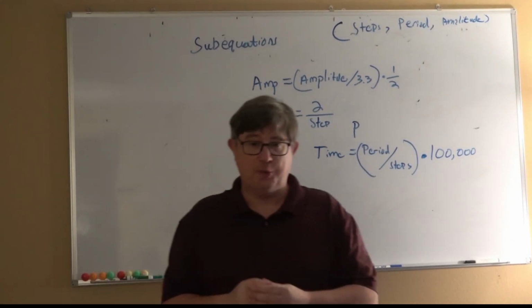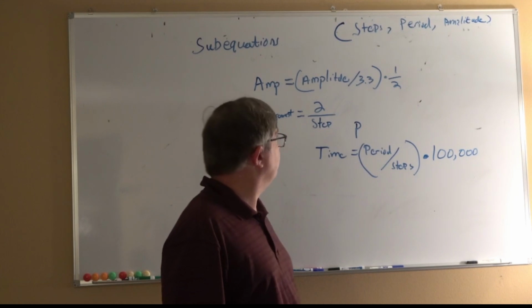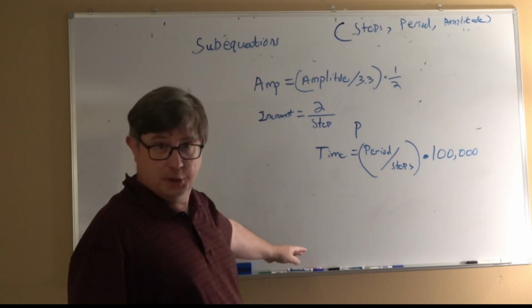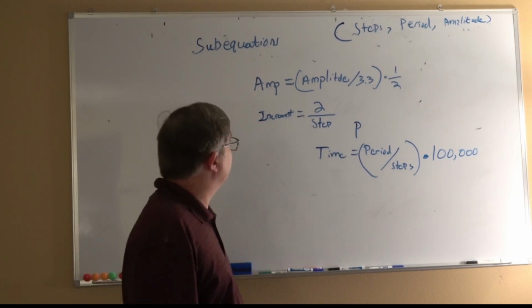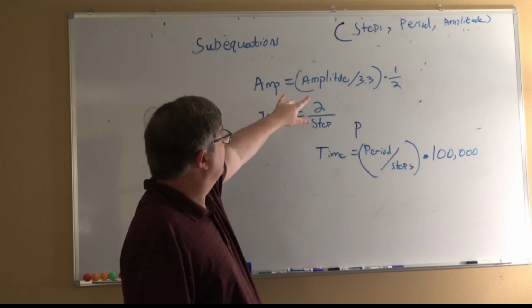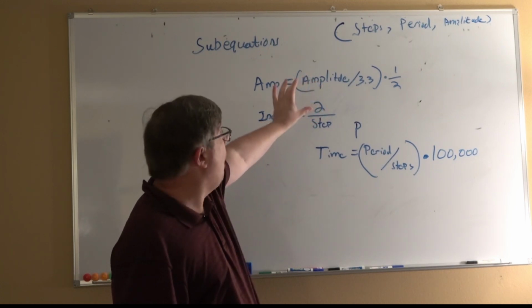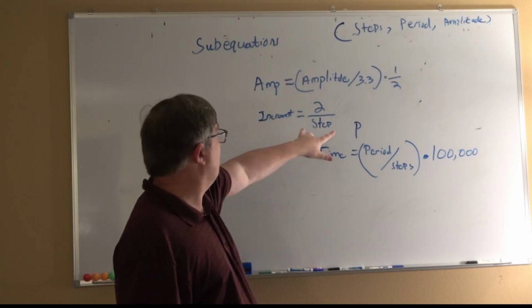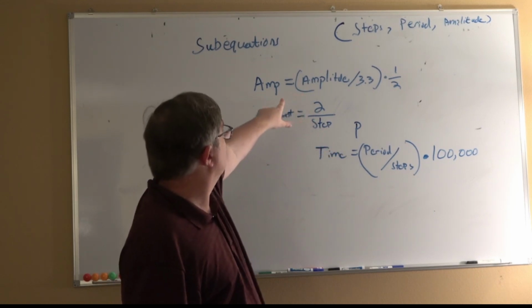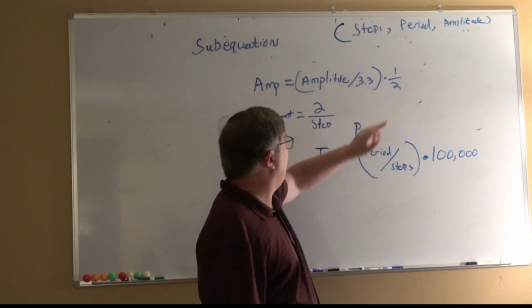Now we're back. We're going to talk about creating a sine wave. These are the equations to make the sine wave. You'll find out in the next video why these equations are this way. Your amplitude is amplitude divided by 3.3 times a half.